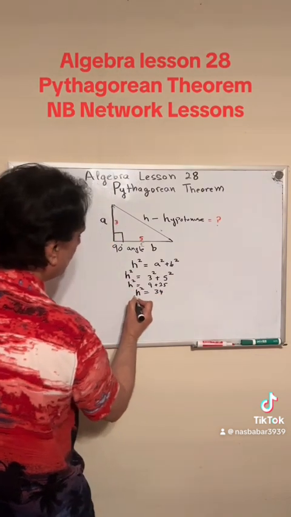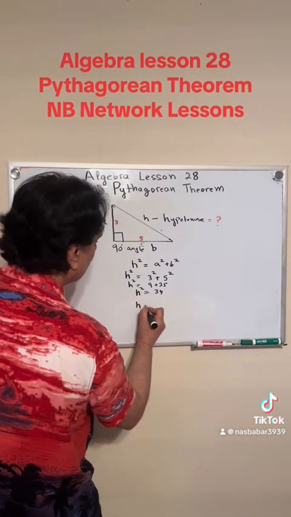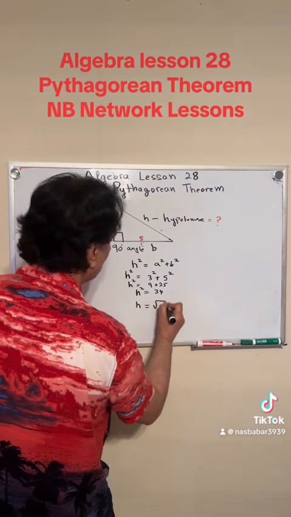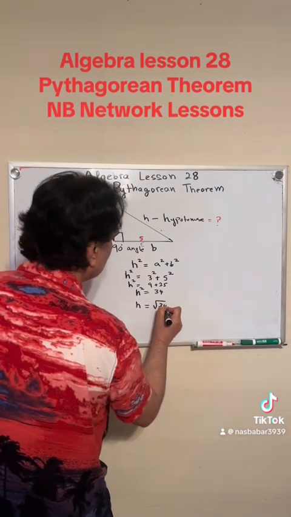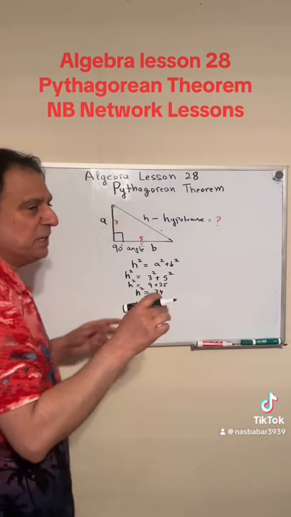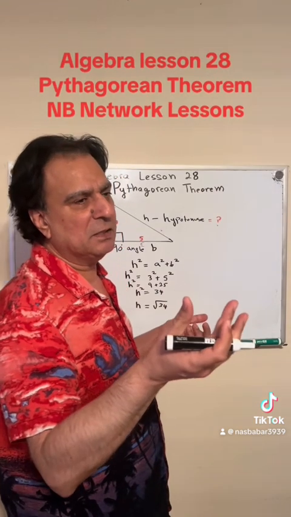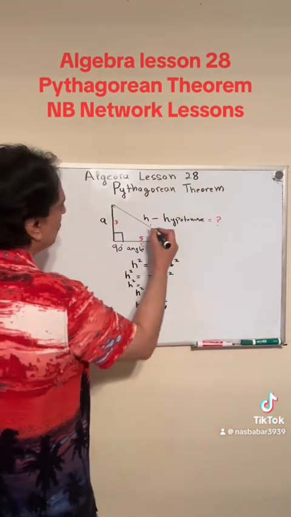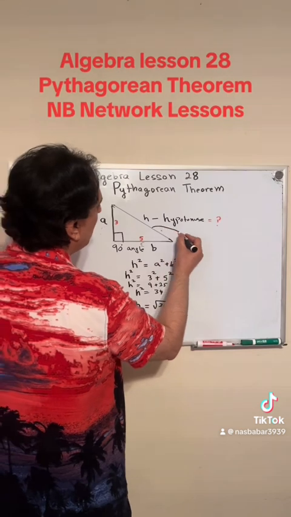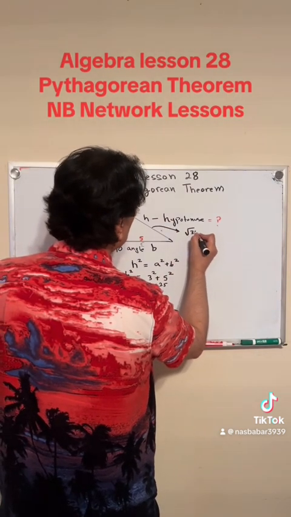Then if you want to get rid of the square, you take the square root of both sides and you get square root of 34. You can put it in a calculator and it'll give you like 5 point something. So we've determined that the hypotenuse is the square root of 34.